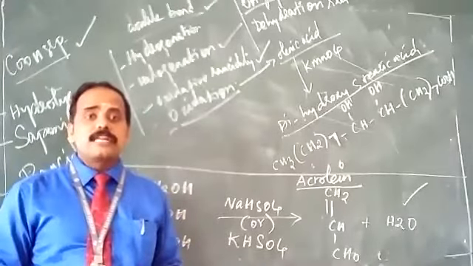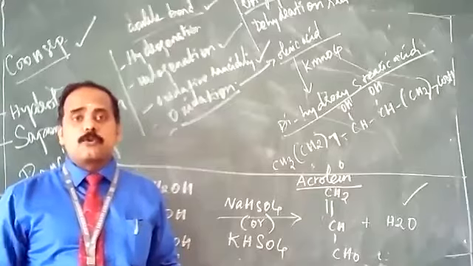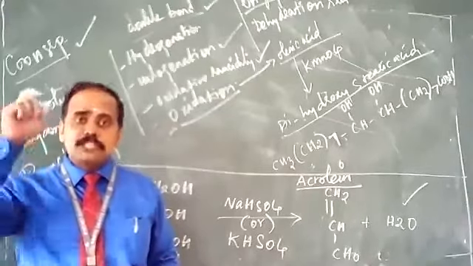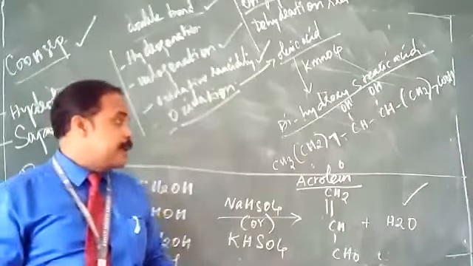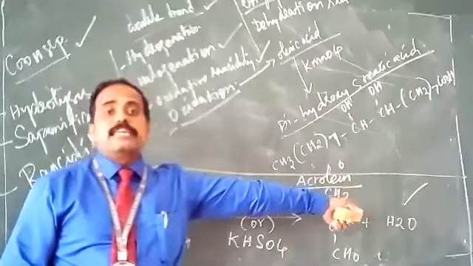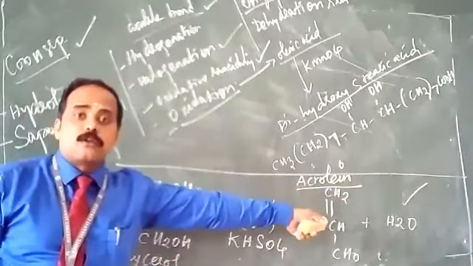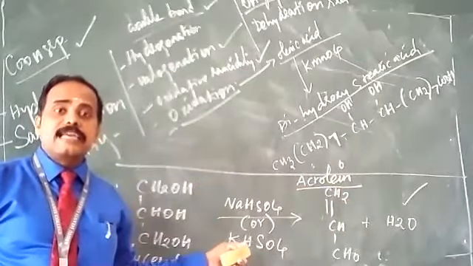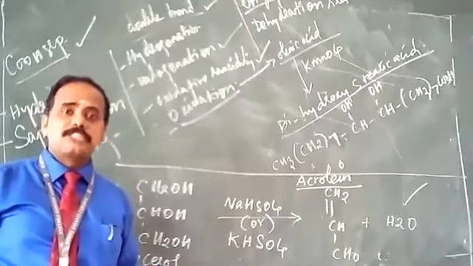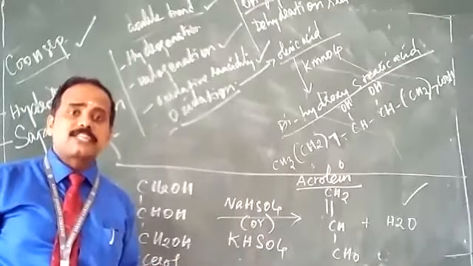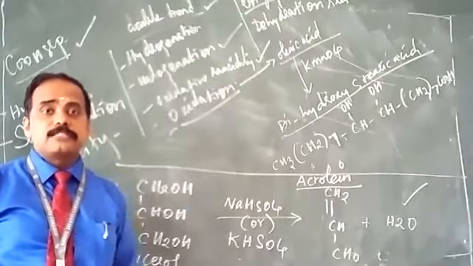The formation of acrolein confirms the presence of glycerol in the fat molecules, with removal of water, the dehydration reaction. The group mainly involved in this reaction is the hydroxyl group, OH group. That is the significance.